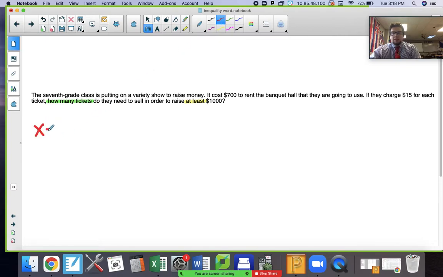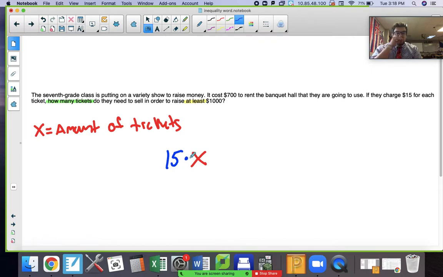So x is going to represent the amount of tickets, however many that I sold, 10, 20, 30, 100, 200, 500, whatever the number is. And I'm going to get $15 for every ticket I sell. So there, I've charged the $15 for every ticket.